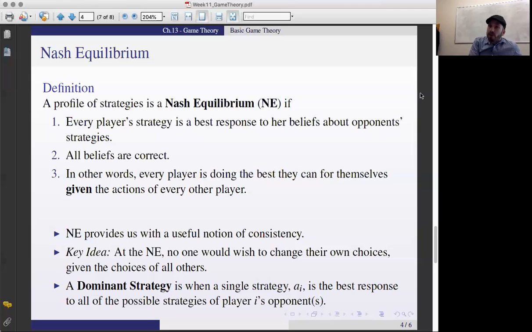So it is the only strategy we should expect that player to choose ever, because it's always the best response. It wouldn't make any sense for them to choose any other strategy. And if that's the case, that's going to vastly simplify the exercise of trying to identify the potential outcomes of a game, because we already know exactly what at least one player should be choosing to do.